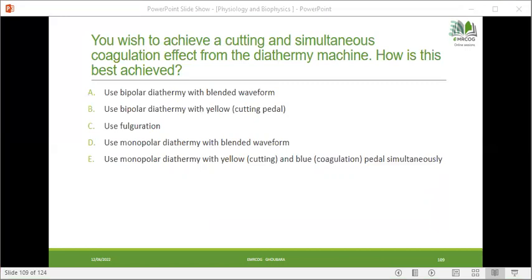If I want to have the cutting and coagulation effect at the same time, let me remind you that only one form of diathermy can do the cutting effect.